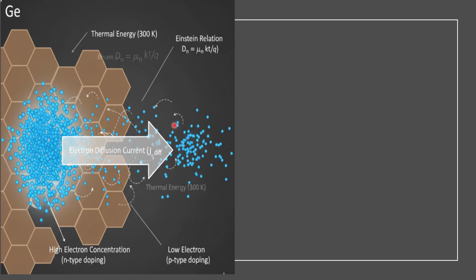So the flow of current depends on the diffusion constant, Dn. How do we calculate the diffusion constant using the Einstein relation, mu kT by q? Mu is your mobility, and kT by q is a fixed constant voltage, 25 millivolt at the particular temperature of 300 Kelvin. You may remember that.